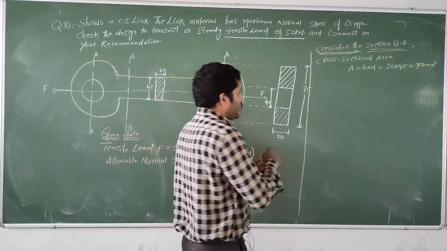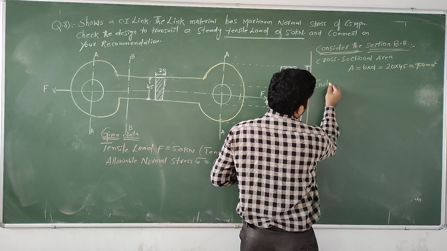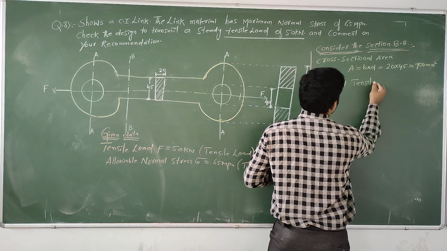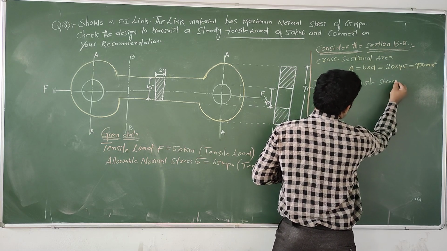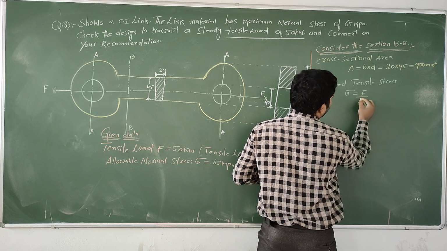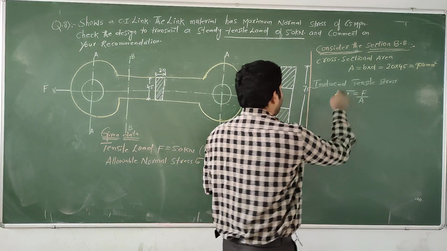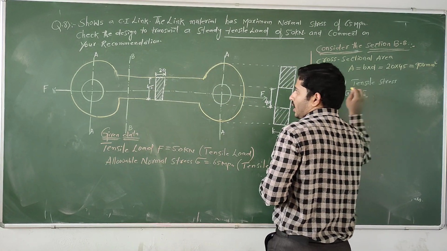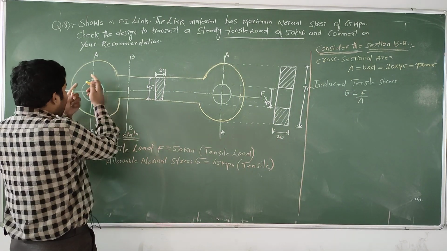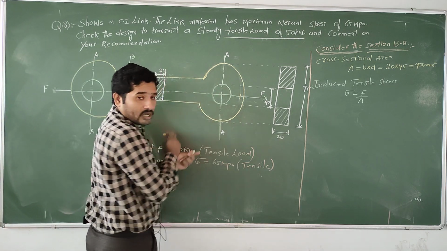We need to find out the induced tensile stress. Sigma is equal to force per unit area. How much force did we apply at the B section? We applied the same load on the A section as well as the B section.